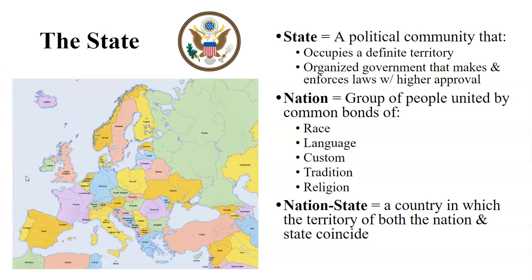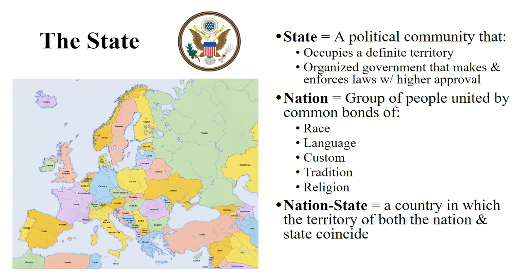All right, so the first thing that you need to understand is the actual territory that we're dealing with and the government structure that goes along with it. So you have states, nations, and then you have nation states. Three terms, very similar, and they all connect together to form what we know today as countries.